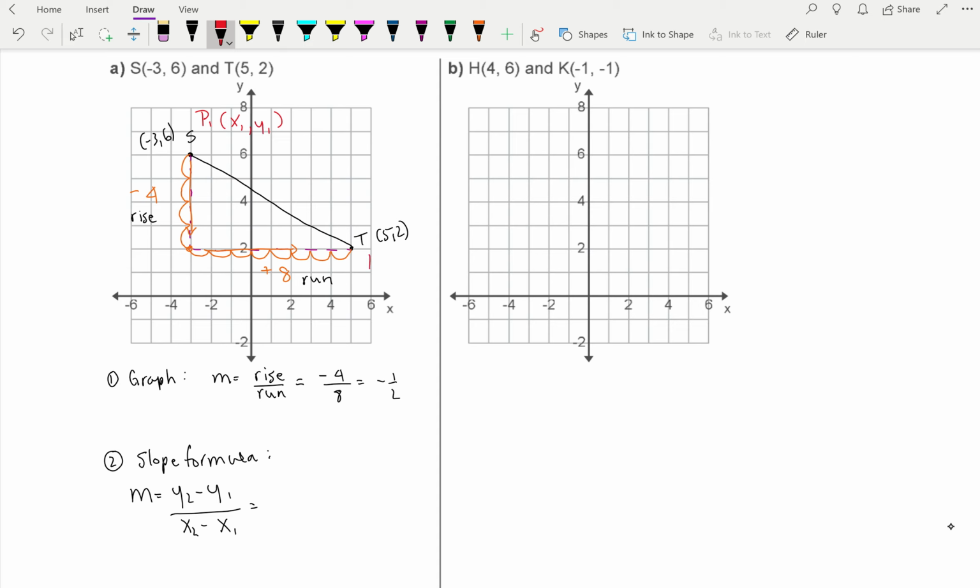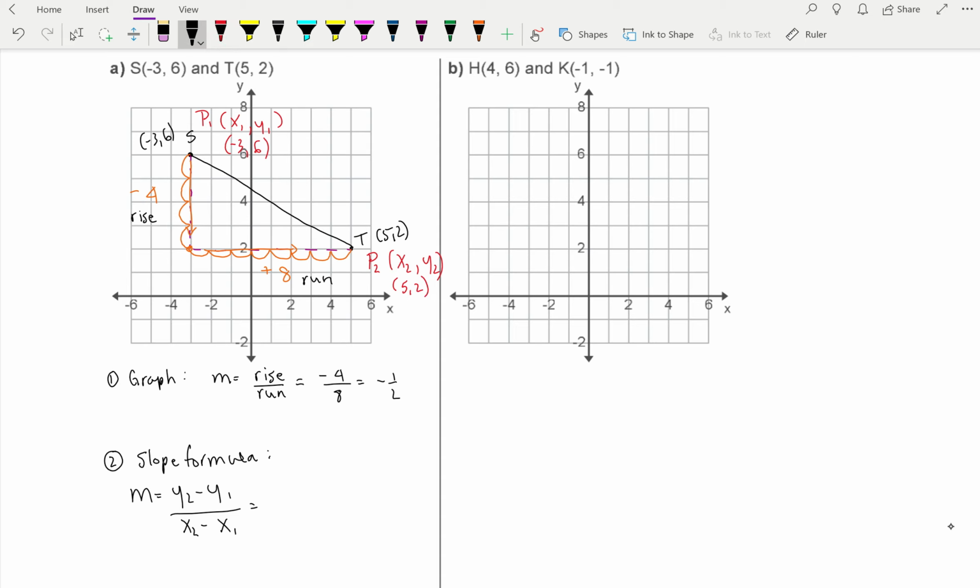My point T is point 2, with coordinates x sub 2 and y sub 2. For my S point, my coordinates are (-3, 6), and for my T point, my coordinates are (5, 2).